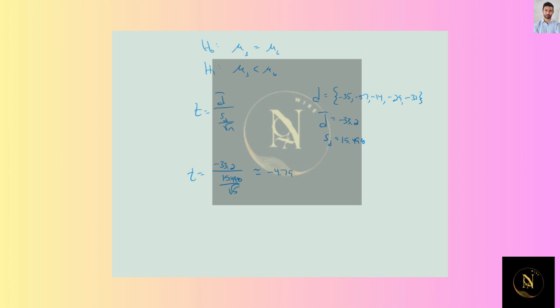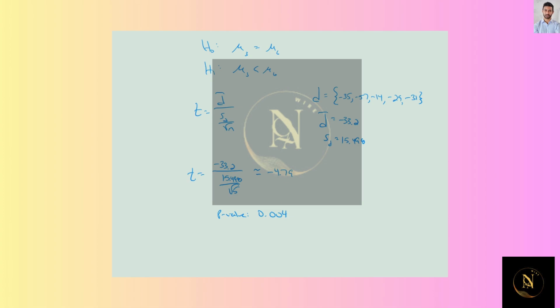So using a p-value from a t-score of negative 4.79 with 4 degrees of freedom being one-tailed to the left is a p-value of 0.004.